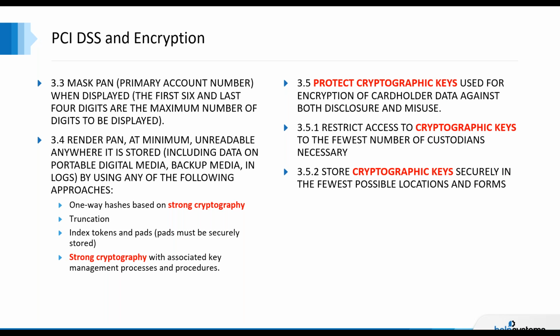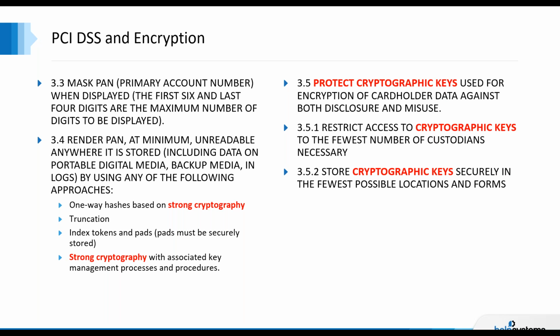Under PCI, again, it's pretty explicit. We have to use strong cryptography, which means 128-bit or greater here under PCI. So that kind of comes back to that definition. But in essence, what we need to do is render the primary account number as being unreadable wherever it is stored.